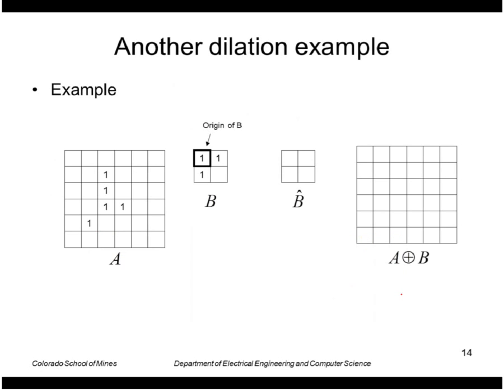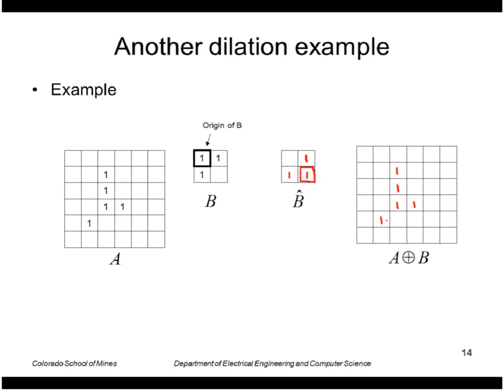Another example, a little bit more complicated structuring element. We reflect B. So the reflected version of B is this, where this is the center. Sliding it over, one thing you'll notice is that obviously I get the original points as part of the dilation, because the origin of the reflected B is also a 1.